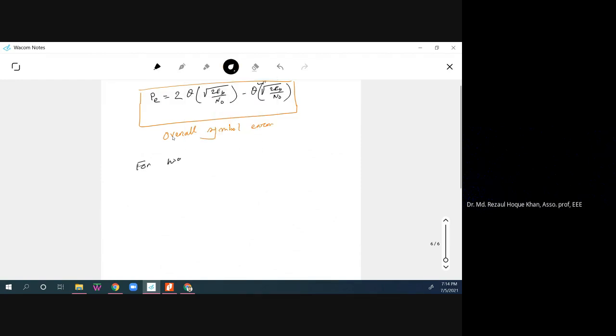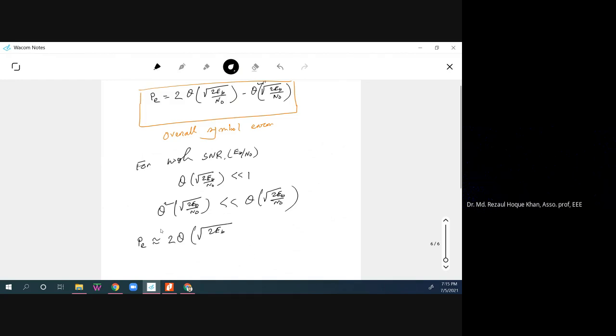For very high SNR, where SNR means EB by N0, the Q of square root of twice EB by N0 is much lower than 1. If it is much lower than 1, then Q square is much lower than Q. So things will be very similar, and we can write the approximate PE as twice Q of square root of twice EB by N0.